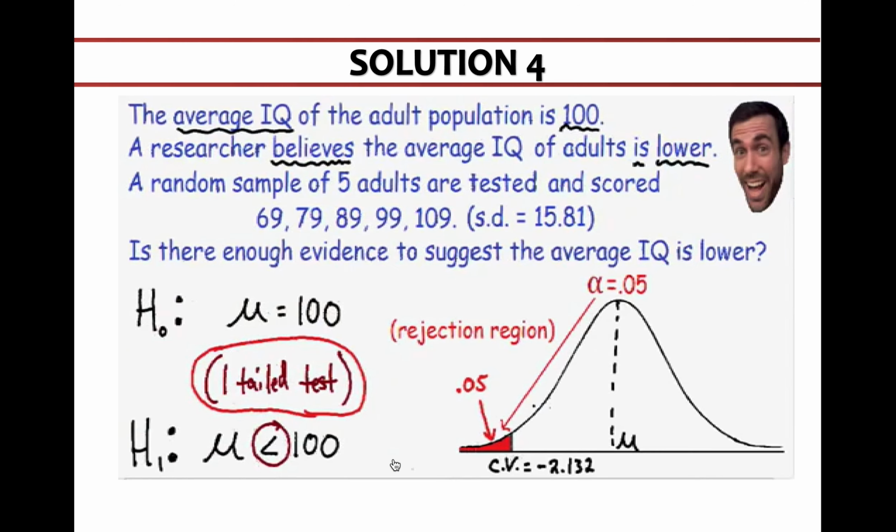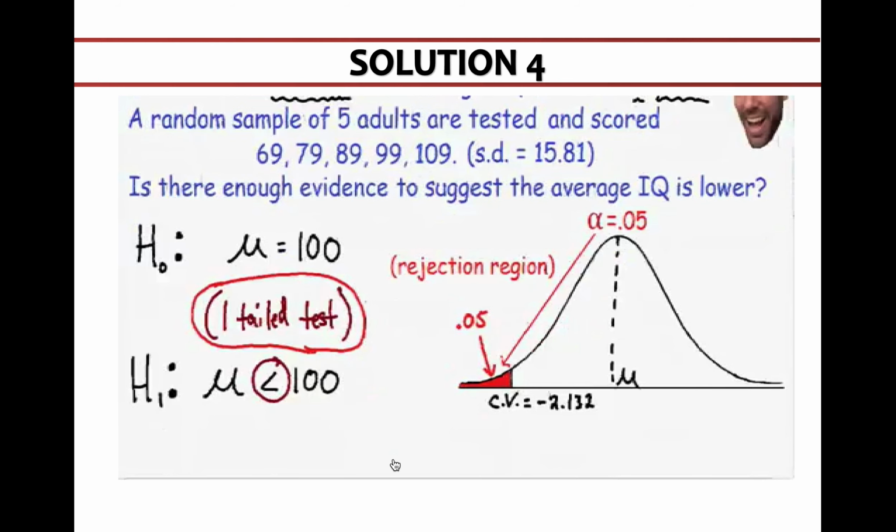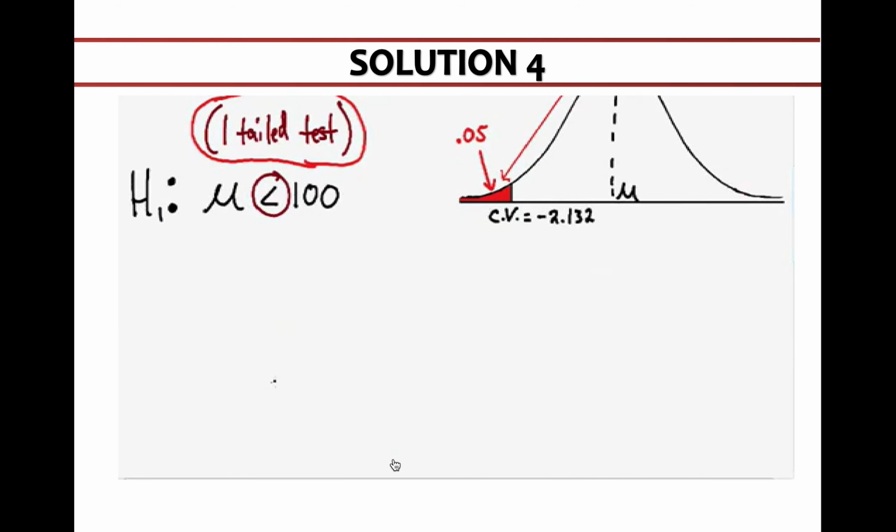So if we go back to our example, the formula to find our test statistic t is equal to the average of the sample minus the average of the population, all divided by the standard deviation of the sample divided by the square root of the sample size n.